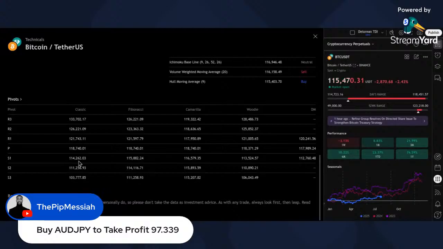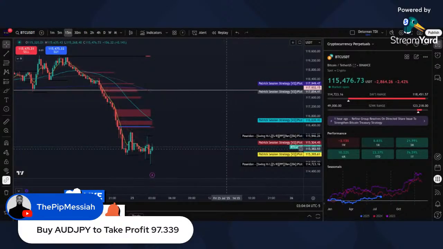So 114,262, which is about 500 points below the low for the day.